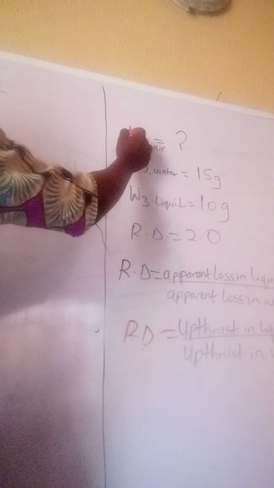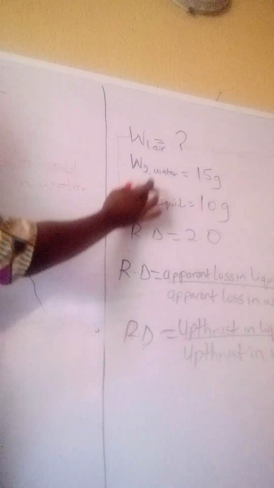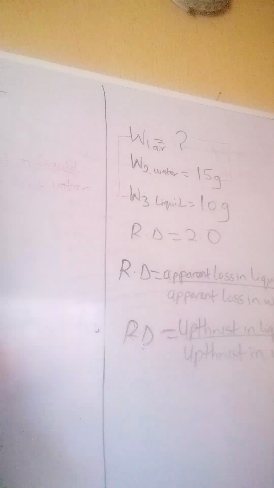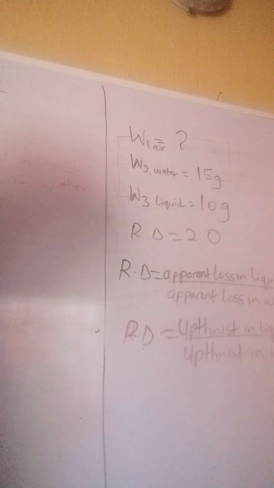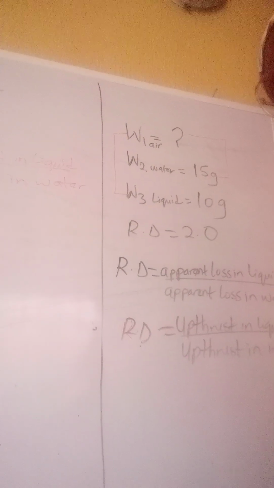Are you seeing it? So if you are finding for liquid, it's going to be these two, W1 minus W3. Then if we are finding for water, it's going to be these two, W1 minus W2. I hope you saw what I did.